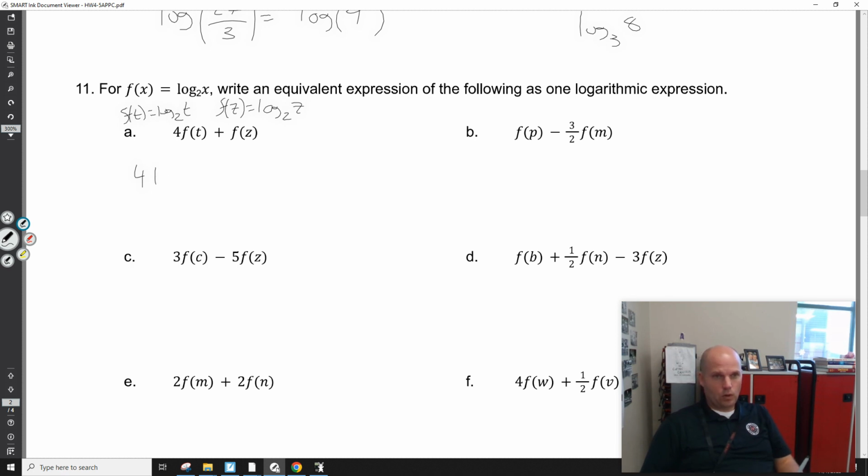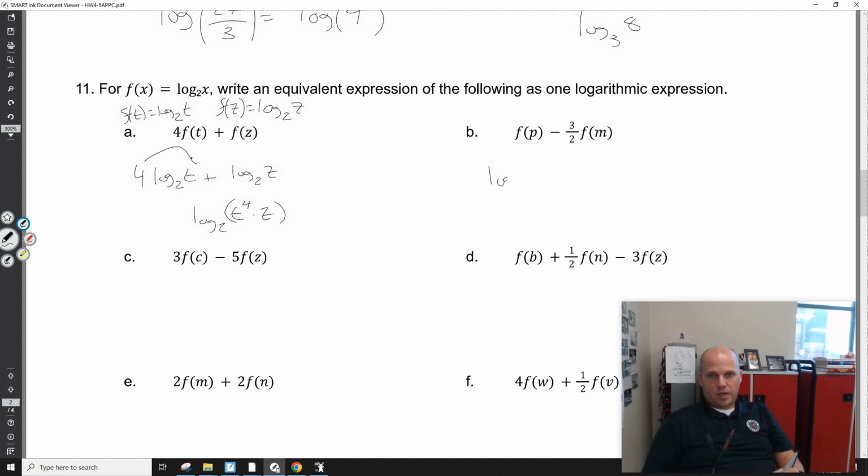So we got 4 log base 2 of t plus log base 2 of z. I'm probably going to move this 4 up, so it's t to the 4th times z. I would say this is the log base 2 of t to the 4th times z, all in a log. Not something I can check using a calculator, that's just the answer.